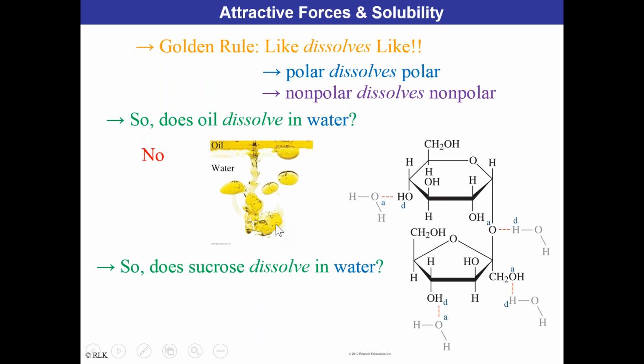Does sucrose dissolve in water? We know that sucrose is polar, right? And it has a tremendous amount of hydrogens present, a lot of OH bond character. You can see that within the alcohol groups that it has, it has obviously a ton of OH groups. Well, water also has OH groups.